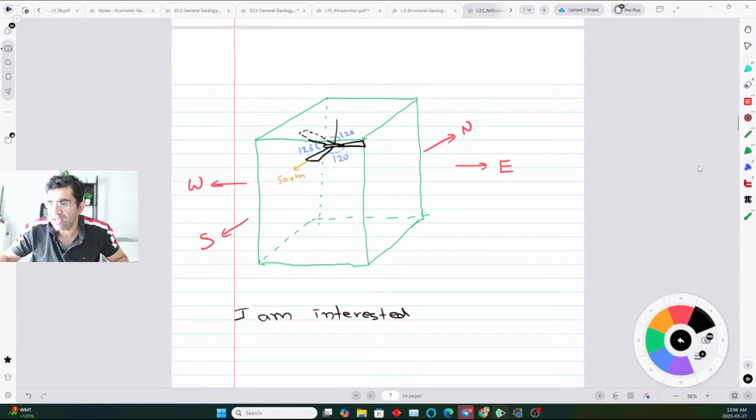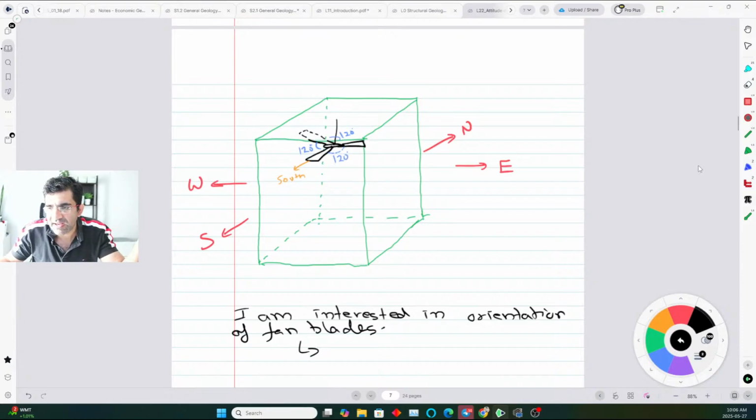Right? Why bearing? Because it is in the horizontal plane. We are talking about the horizontal plane. I am interested in the orientation of fan blades. So I should be defining the bearing or the azimuth.